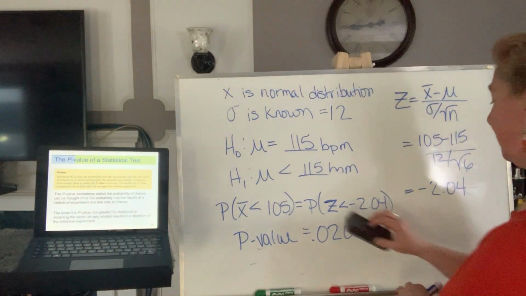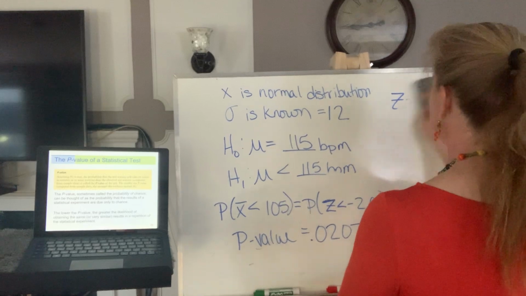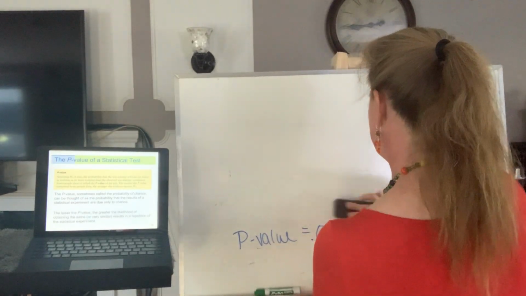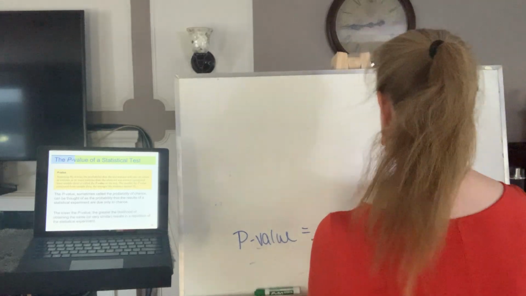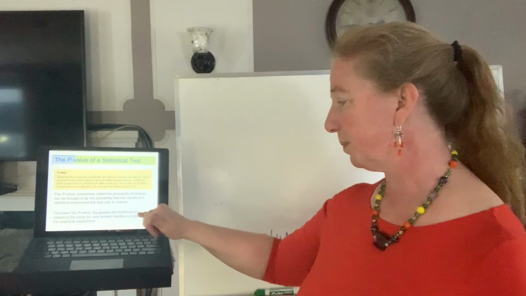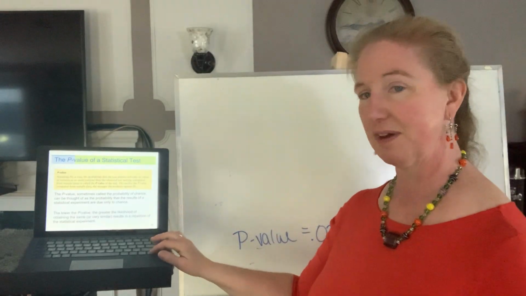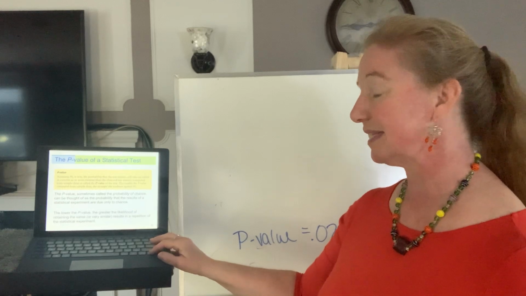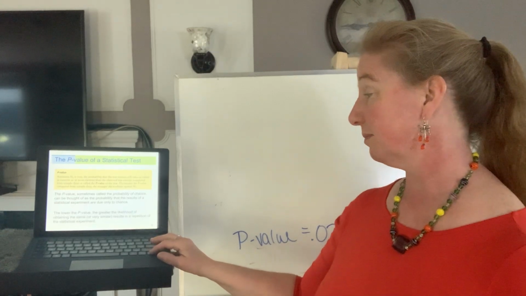That's pretty small. I'm going to hang on to that 2.07 for a second, because that's Rosie's number. And so the lower the p-value, I'm on slide 35 at this point, the greater likelihood of obtaining the same or very similar results.